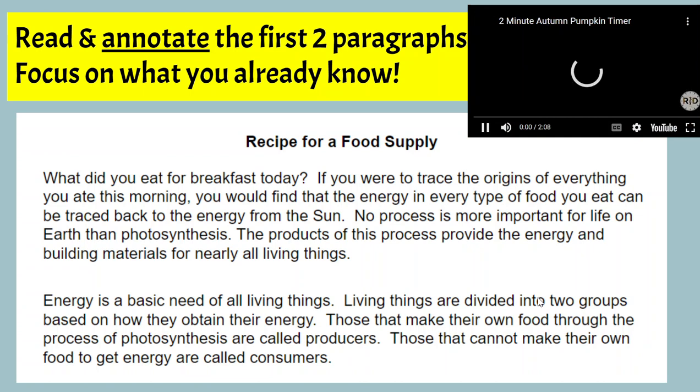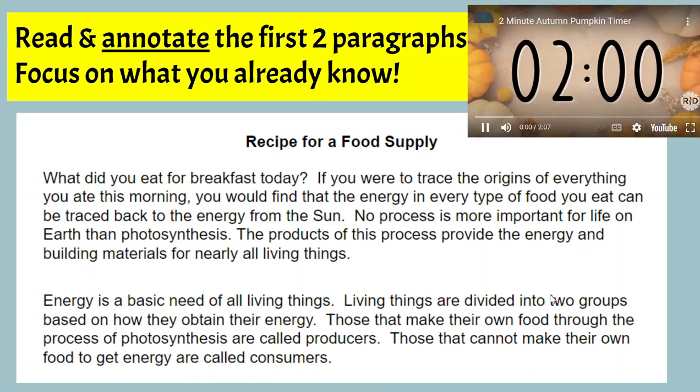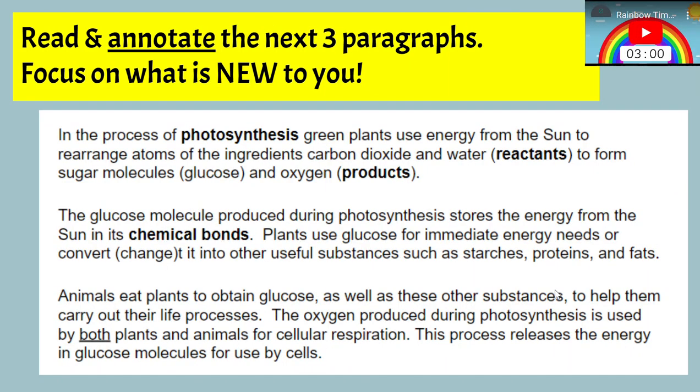All right, so that was your first 2 paragraphs, and then the next paragraphs. Go ahead and fast forward through this if you don't want to hear me read it. In the process of photosynthesis, green plants use energy from the sun to rearrange atoms of the ingredients carbon dioxide and water. And then it says reactants.